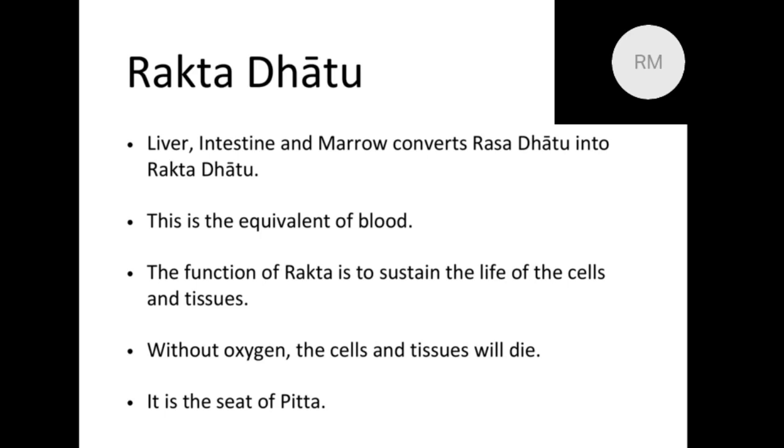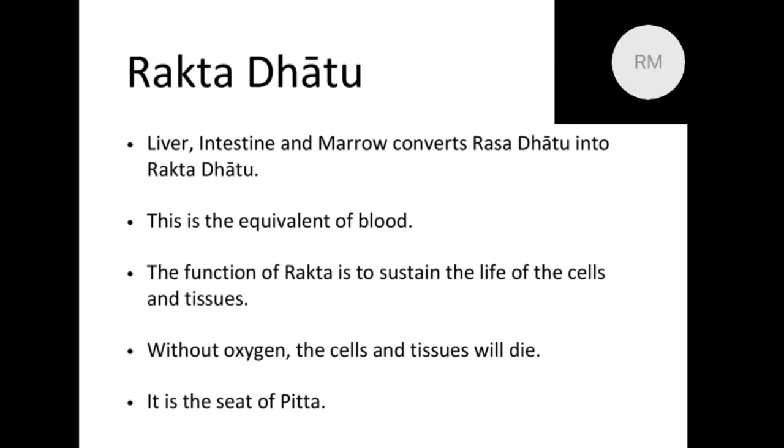So the Rasa Dhātu produces nourishment, but without the Rakta Dhātu, the body cannot access the energy from the food that we eat. So Rakta Dhātu enables the transformation of Rasa Dhātu, without which the body wouldn't be able to burn the necessary substances to produce and release energy.